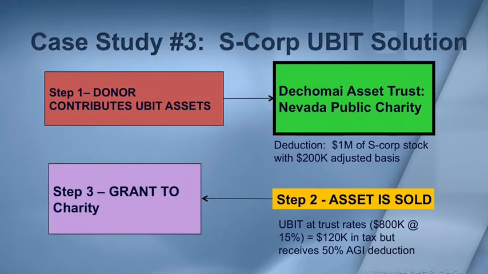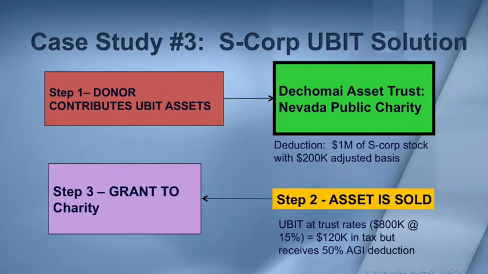So now, when the donor makes the contribution of $1 million in the shares, the donor can get a full fair market value deduction for those S corporation shares, so they get a $1 million deduction. The trust, in this case, receives those shares and sells them.